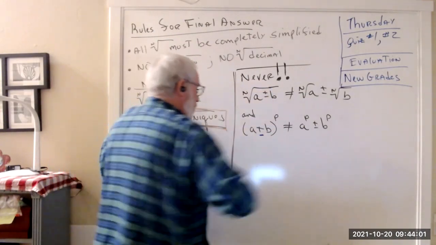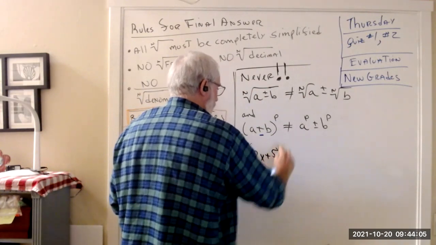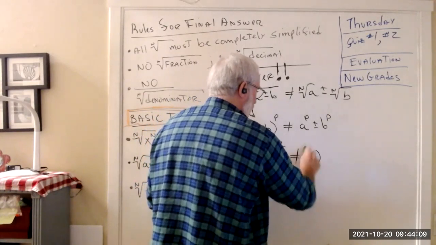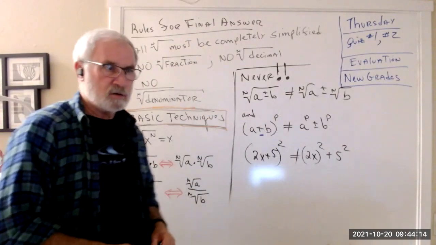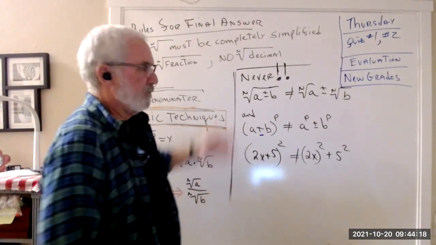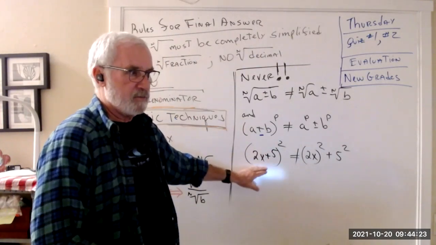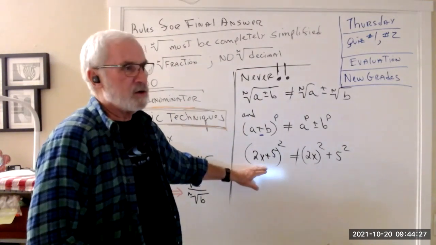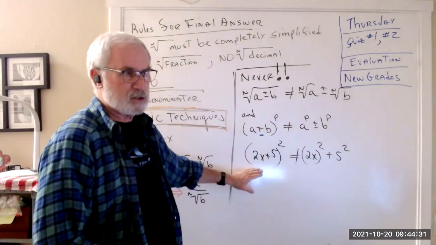Now, the power problem. Example. Suppose you had 2x plus 5 quantity squared. That never equals 2x squared plus 5 squared. Never, ever. It does not. We've talked about foiling or building the matrix box for this one down here. That's the only way to do it. Either foiling, if you know what that means, or building the matrix box.